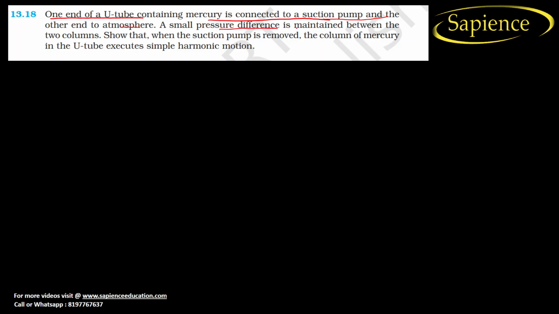A small pressure difference is maintained between the two columns. Show that when the suction pump is removed, the column of mercury in the U-tube executes a simple harmonic motion.